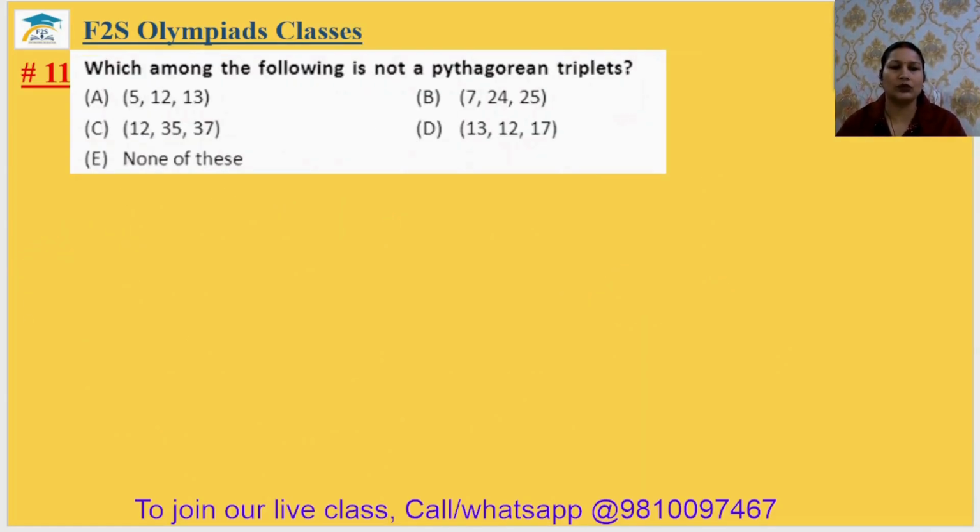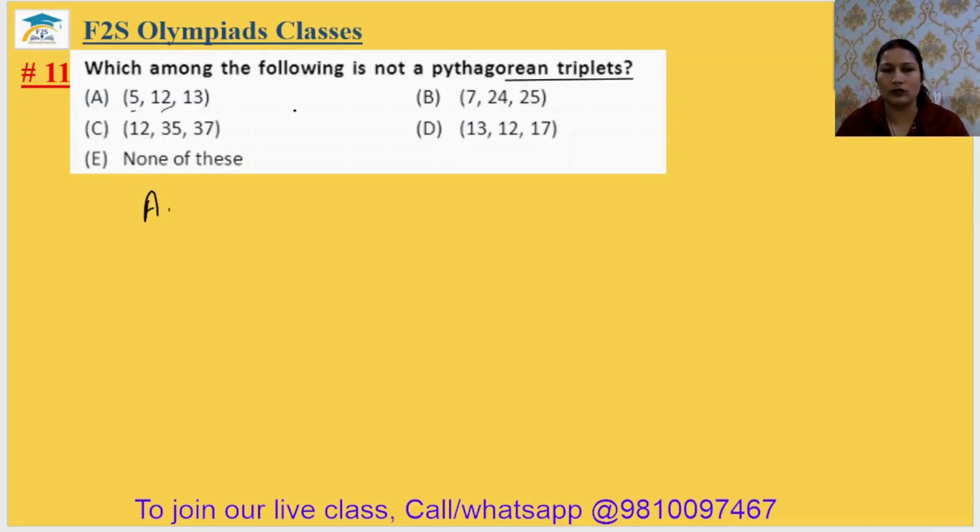Okay. Come to question number 11. Which among the following is not a Pythagorean triplet? Pythagorean triplet means the sum of the squares of the smaller two sides should be equal to the square of the third, bigger side. So let's check it.